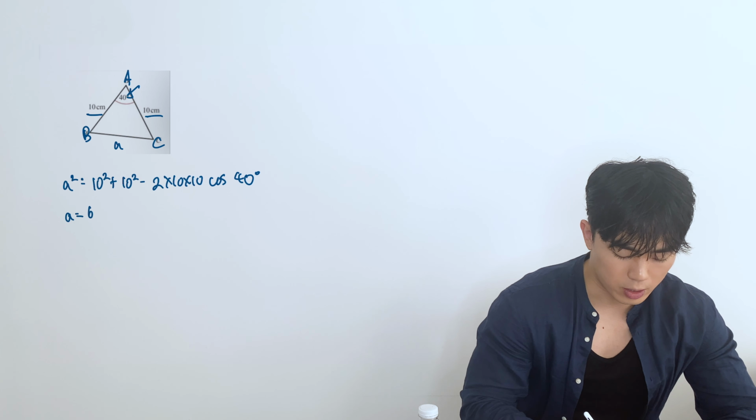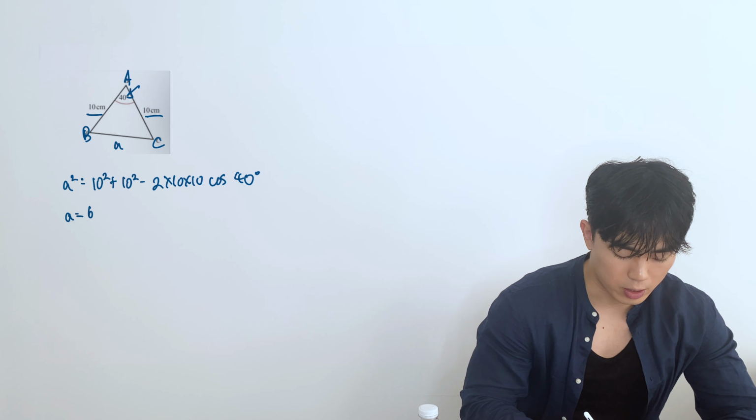It's just a manipulation of the initial cosine rule formula, but this one is used when we know all three lengths and we want to find an angle. If we have no angles known, then we can use this form of the cosine rule to find that angle.